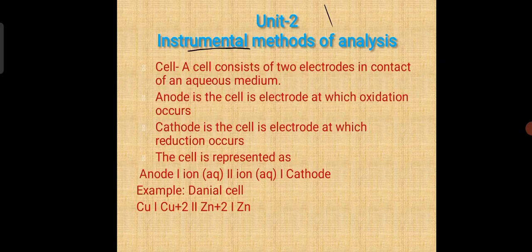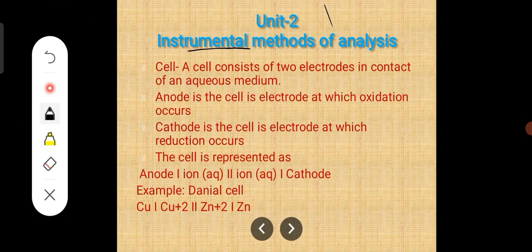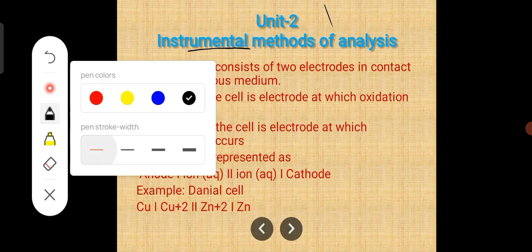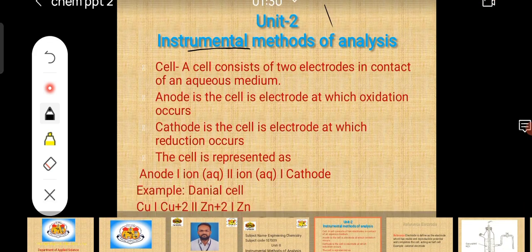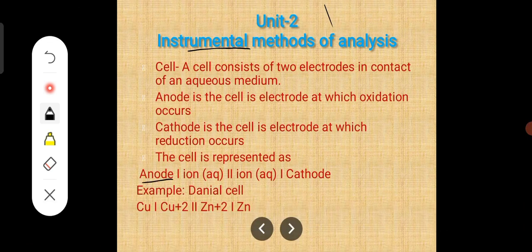The general cell representation is: the anode in direct contact with its ions, denoted by a single line, then indirect contact with the ions of the cathode, denoted by a double line, and a single line denoting direct contact with the cathode.